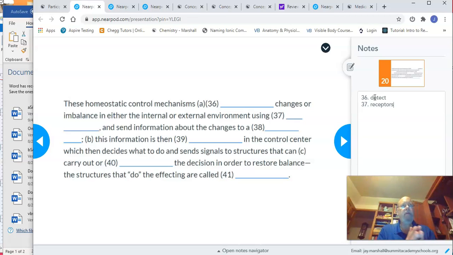I find out about the fact that I have a high temperature by a temperature sensor. I find out that I have a low oxygen in my blood by an oxygen sensor. I find out that I have a high sodium in my blood with a sodium sensor or receptor. Okay, so they send information about the changes to, and we're going to say a control center. Okay, I gather all this information with my receptors and I send it to my control center.